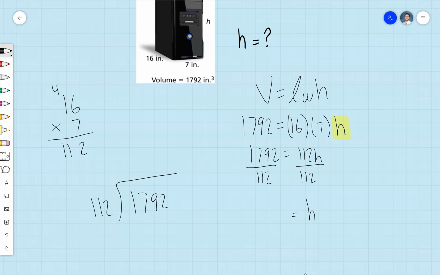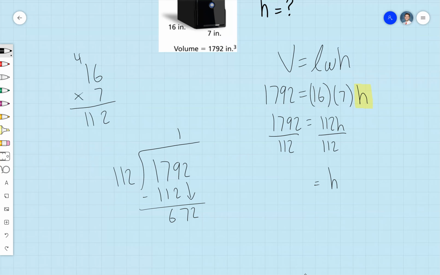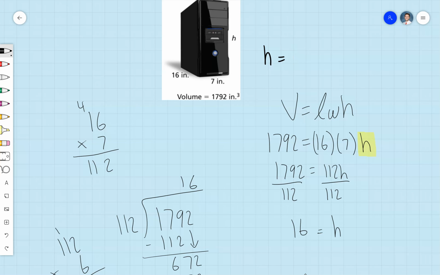So 112 goes into 179 once. And it'll go into 672 6 times. So we get 16. So our missing height here is 16 inches.